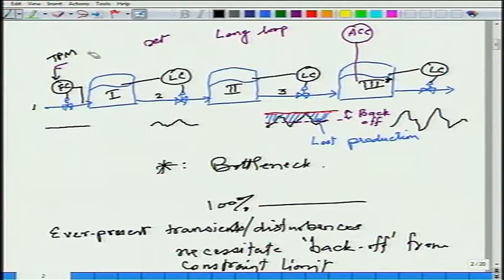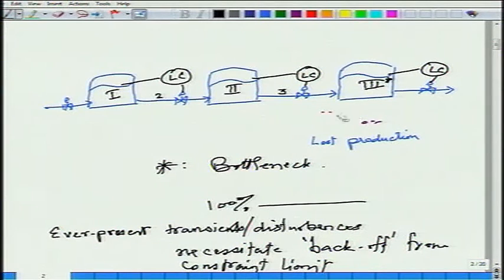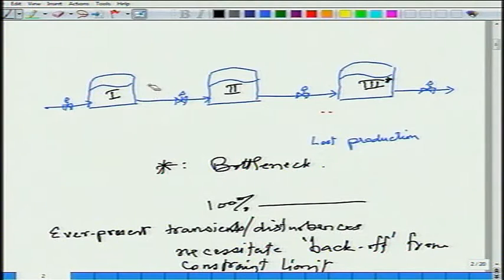Well, now that I know that my bottleneck unit is unit 3, what I would do is make the feed to that bottleneck unit the throughput manipulator.